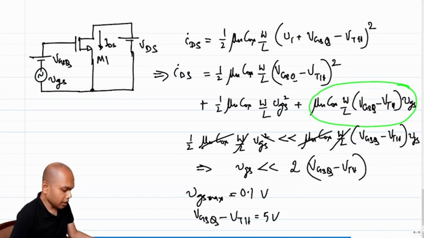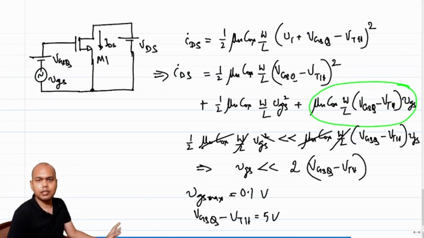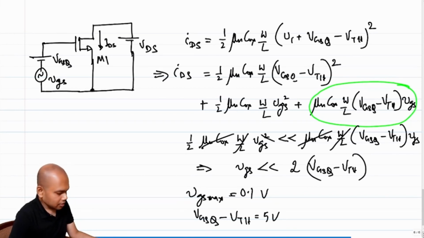So we saw that as long as the incremental gate to source voltage is much less than twice the overdrive of the transistor, the approximation of small signal is valid, right? Okay, so let's stop here. We'll see you in the next class.